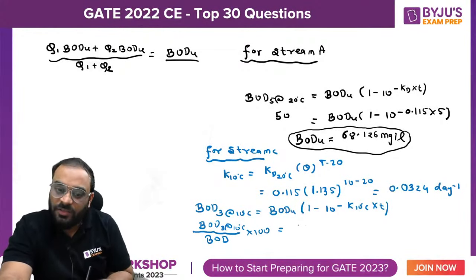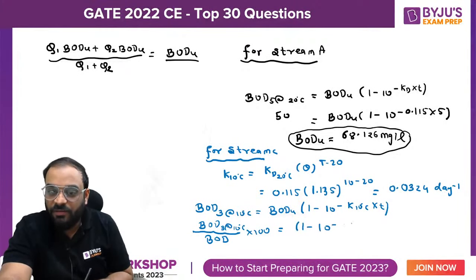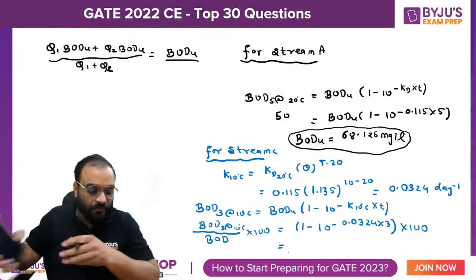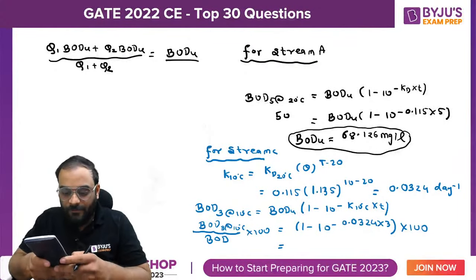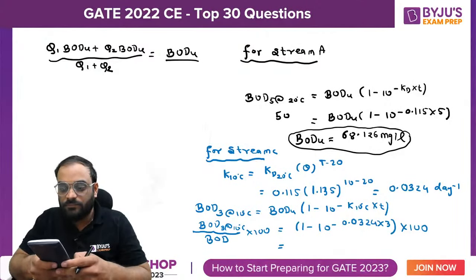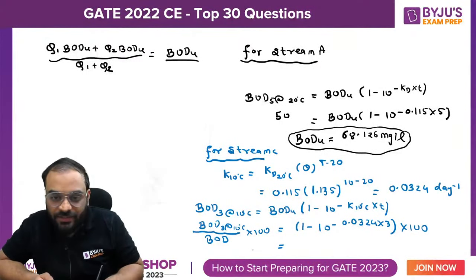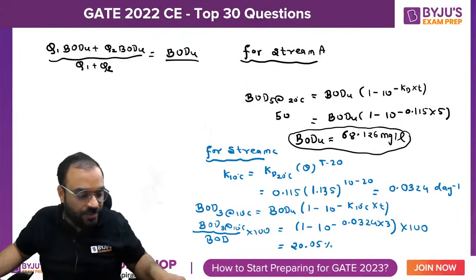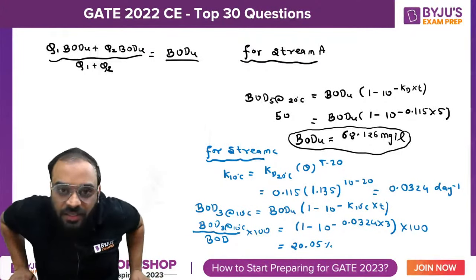So this is 1 minus 10 raised to power minus 0.0324 multiplied by 3 days, multiplied by 100. The answer is 20.05%. This much amount of BOD is removed.